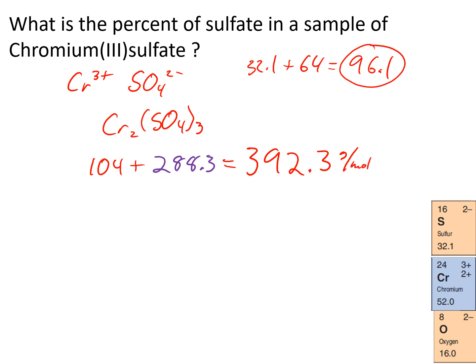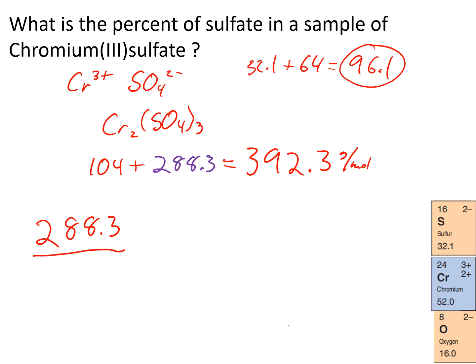So if we just want to know the percent composition, the percentage of sulfate in chromium 3 sulfate, again, we take the molar mass of all the sulfates, so there's 3 of them, so that's going to be 288.3, and divide by the total molar mass, including the sulfates.